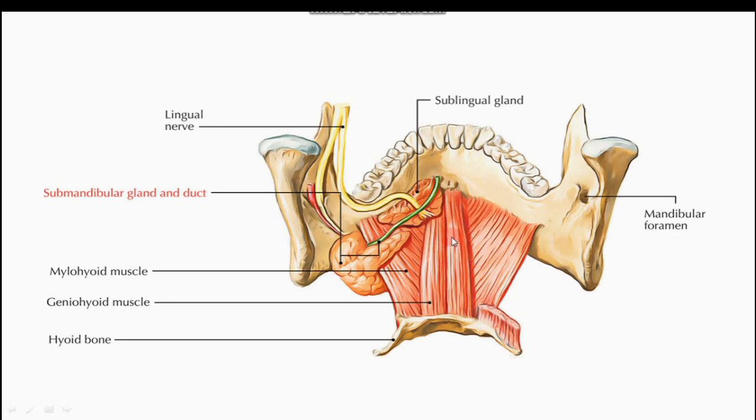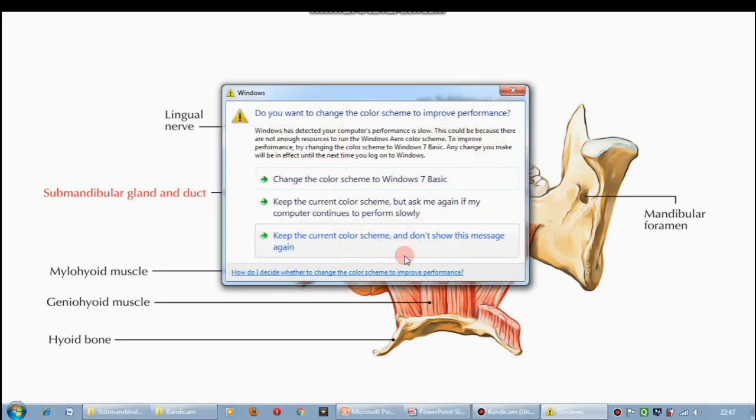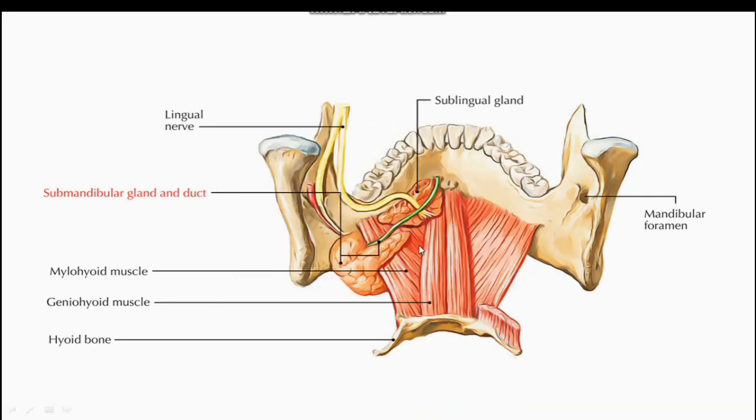The deeper structures in the submandibular region are the hyoglossus muscle and its related structures, the genioglossus, which we just talked about, the styloglossus, which is not in this image, and the mucous membrane covering, as well as the deep part of the submandibular gland.